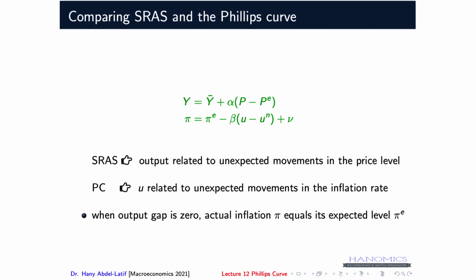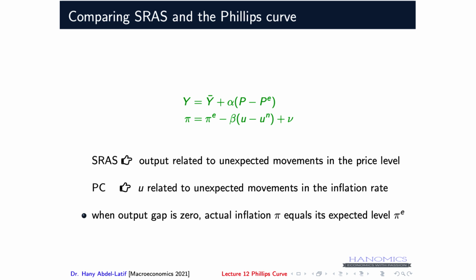Any deviation from that natural rate means that if the actual rate of unemployment is above the natural rate of unemployment, we have cyclical unemployment. So at the natural rate of unemployment, the cyclical unemployment typically is zero.